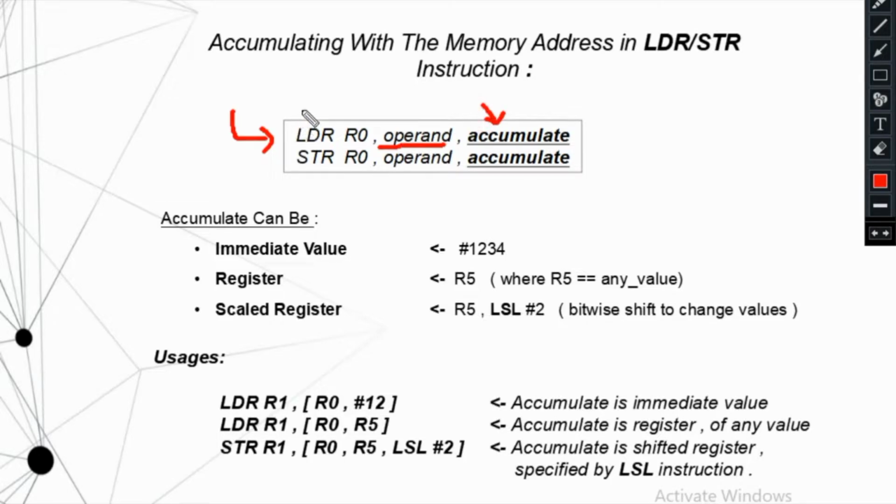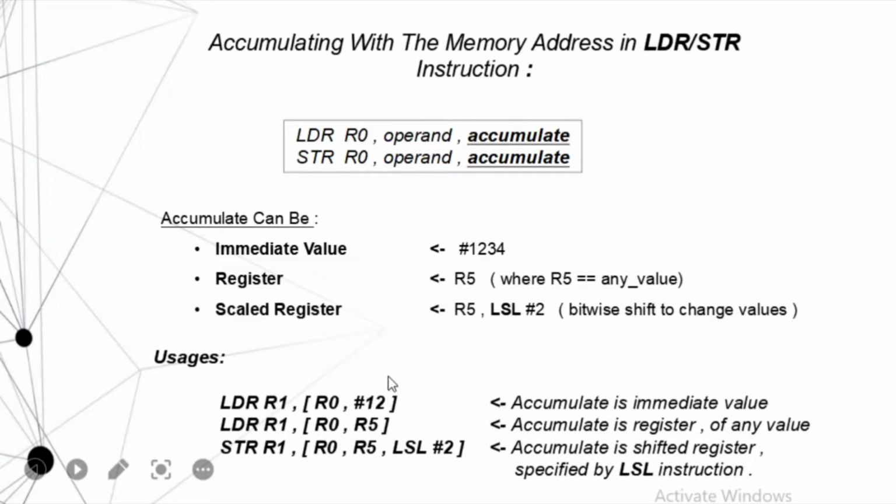After this instruction is executed, the destination register is loaded with the memory address plus the accumulate value. It dynamically updates the value of the operand with respect to the accumulate, and that updated memory address is used to load the data into R0. This is the only usage of the accumulate in our memory operations.